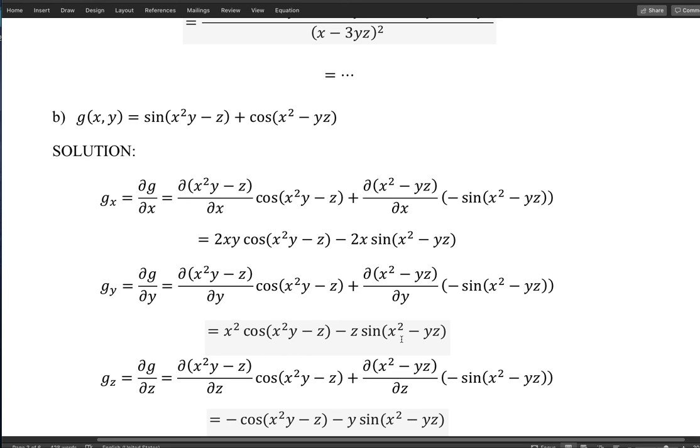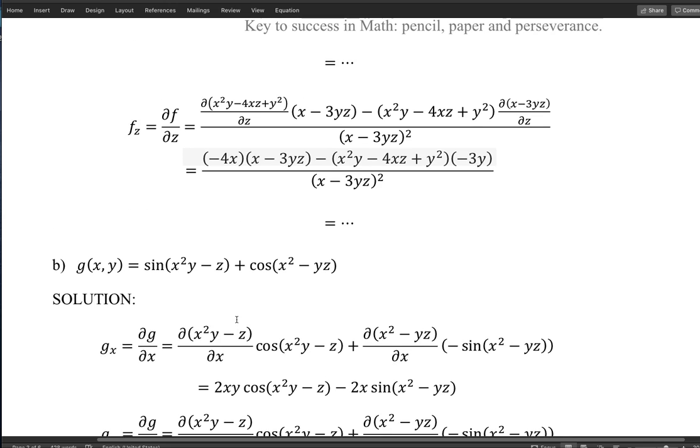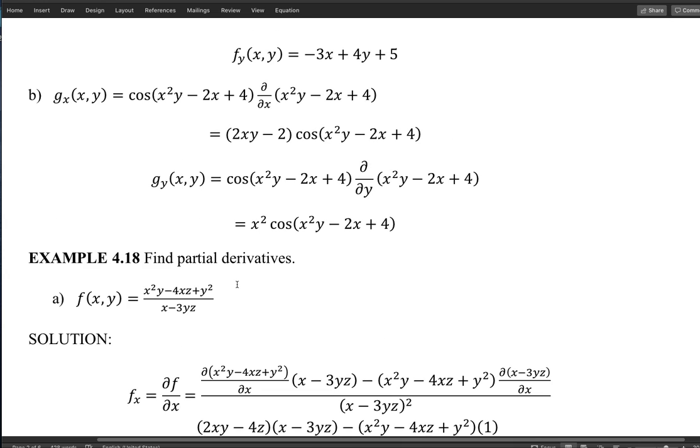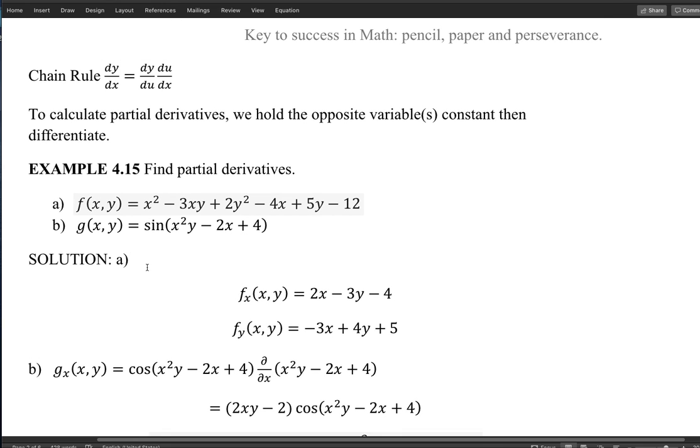About the partial derivatives, you really need to control those notations very well. When you take the partial derivative with respect to one variable, treat the other variables as constants. That is the thing. And I think we did 2 examples, example 418 and example 415.